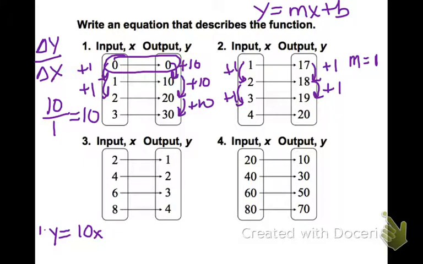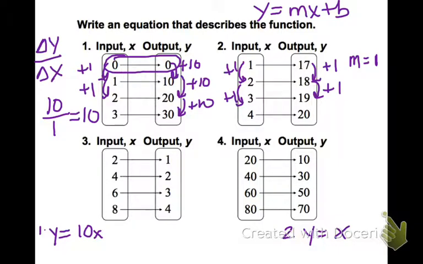Okay, I don't see the y-intercept. I'm not sure because we don't have a value of 0 for an input. So if I know that my equation is going to start off for number 2, y would be equal to 1x. Okay, so 1 times x.